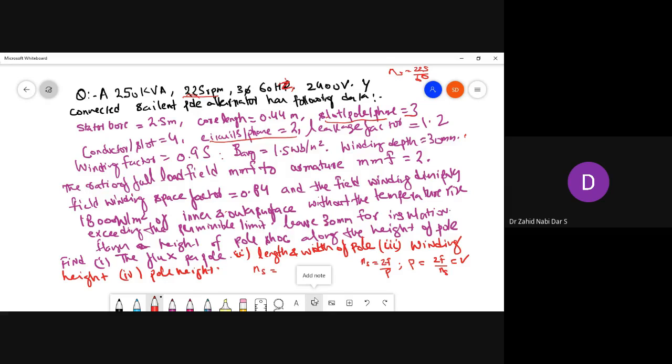Circuits per phase. Per phase means you have a three phase system, which is represented like this. There would be R, Y, B, each placed at an angle of 120 degrees from each other.